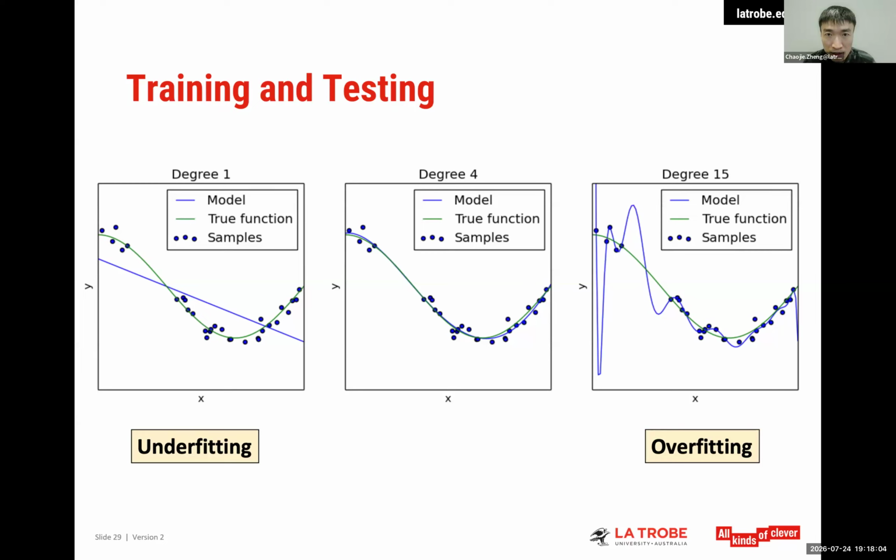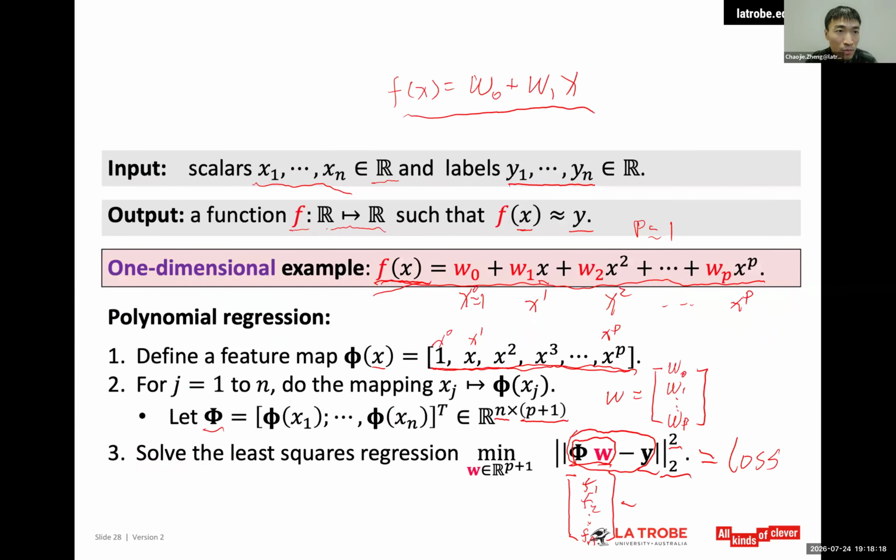And let's look at the one on the right-hand side. So what if we have a very high degree, like we set a very high value for p. Now our model becomes, say, p equals 15.